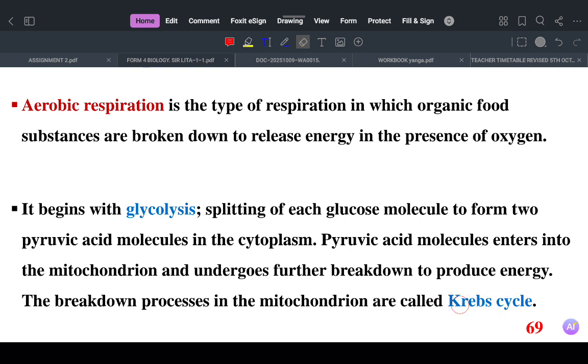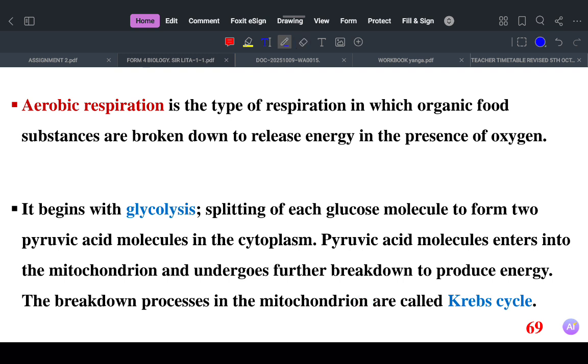Krebs cycle is simply a process by which pyruvic acid molecules are further broken down to produce energy. Take note. What is the Krebs cycle? It is when the pyruvic acid molecules are broken down to produce energy. Where? In the mitochondrion.